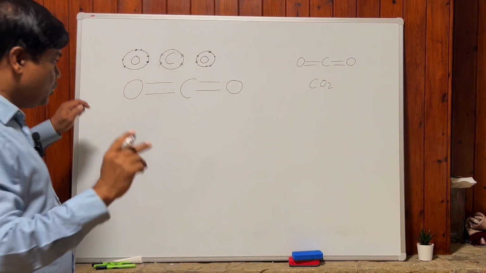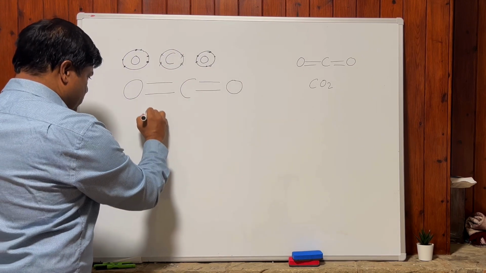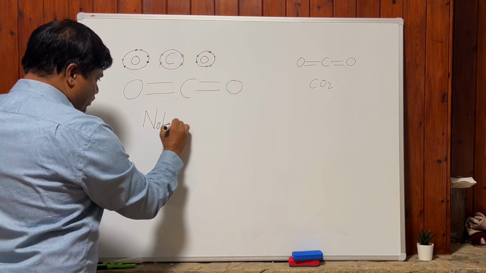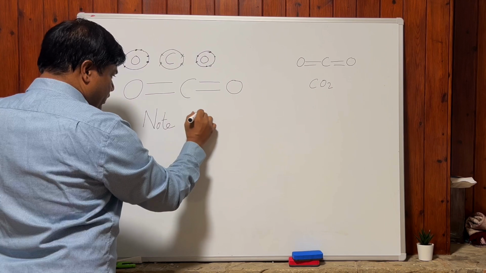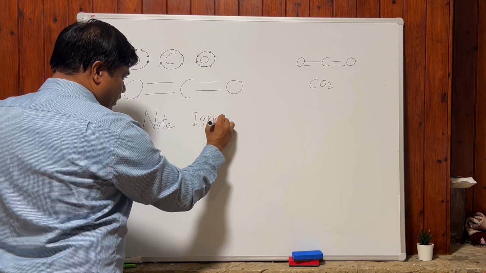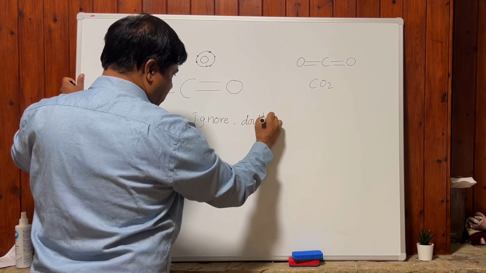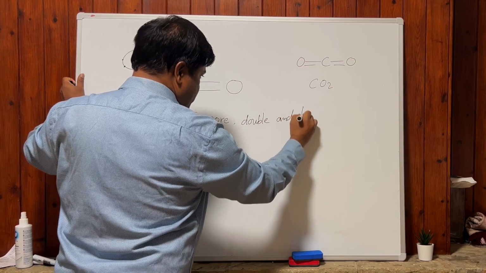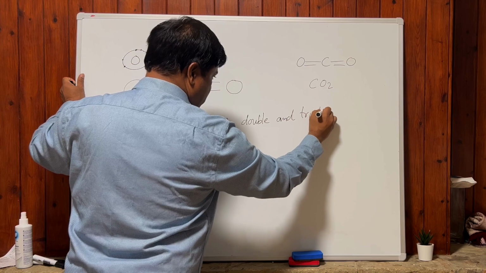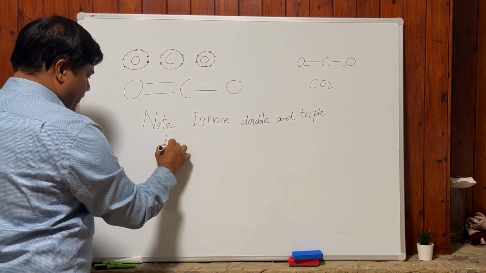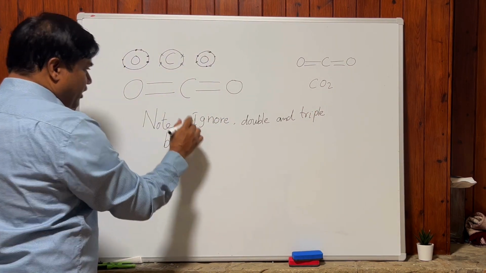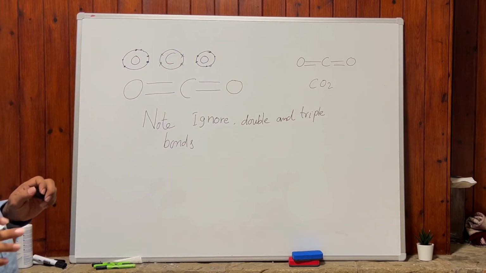Now, I told you, please note it down, ignore double and triple bonds when we draw the shape of the molecule.